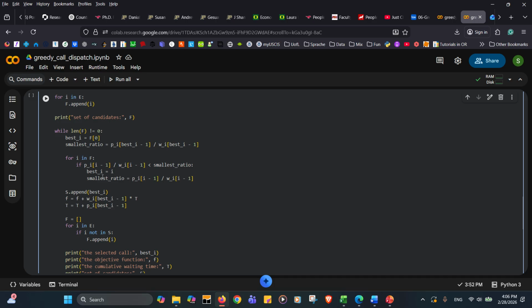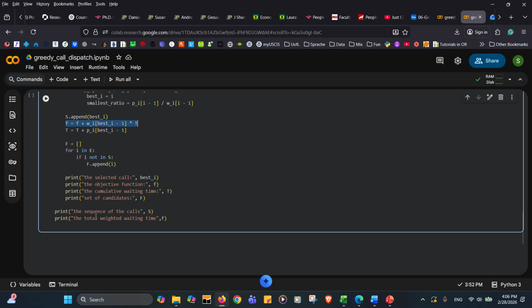And here is the only change that we need to do for selecting the I star, and after that everything is the same. We need to append that item to the S, updating the solution set, updating the objective function, updating the cumulative waiting time and also updating the F.